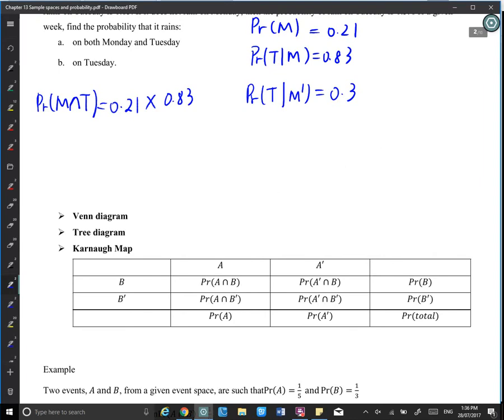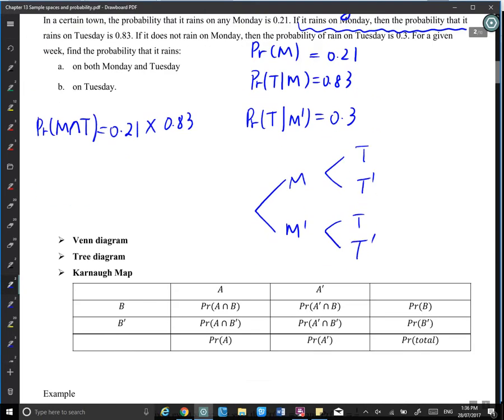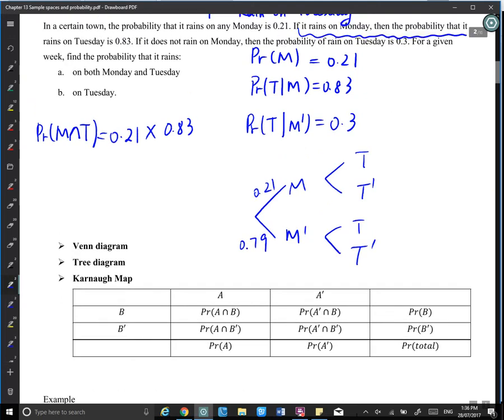I said this type of question is a tree diagram question. So I have Monday rain, Monday not rain, Tuesday rain and Tuesday not rain. Monday rain is 0.21, Monday not rain is 0.79. If Monday rain, Tuesday rain will be 0.83.